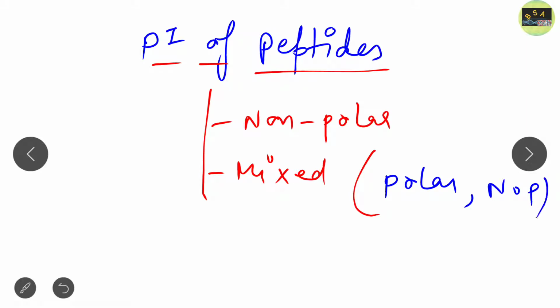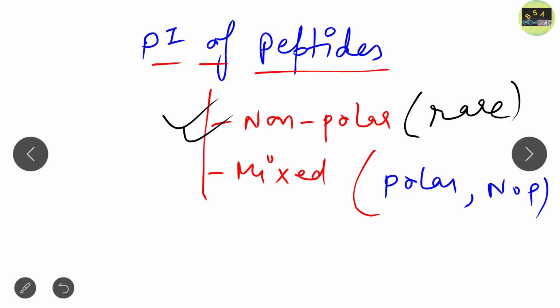Clear? So the first one, non-polar, is a rare case. Why do we call it a rare case? Because when we construct a peptide chain, it is rarely possible that there is no lysine, arginine, aspartic acid or any other polar molecule.